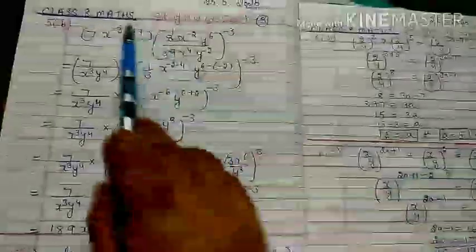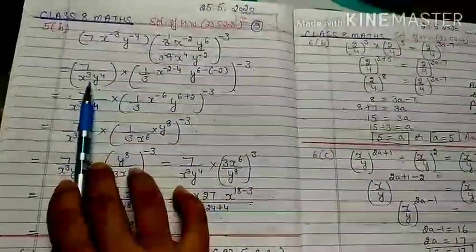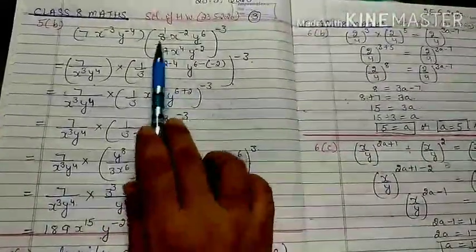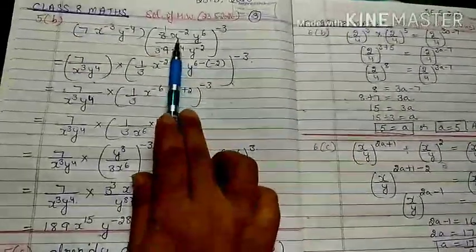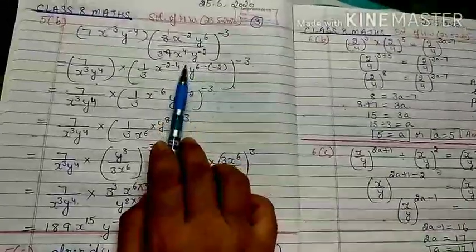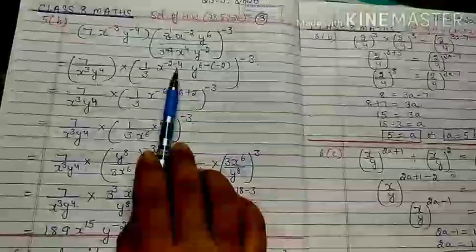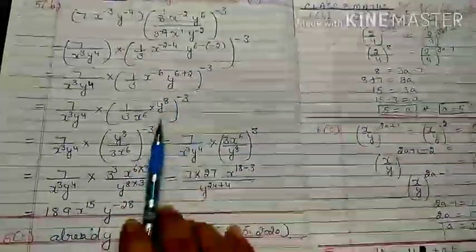If the term base is in the numerator only and negative power is there, then the base changes to the denominator and the power becomes positive. Here also 3 1s are 3, 3 3s are 9, x minus 2, when one base is in the numerator, one base in the denominator, the denominator base power is subtracted from the numerator base power. So minus 2 minus 4, 6 minus minus 2 gives me x minus 6 y 8.